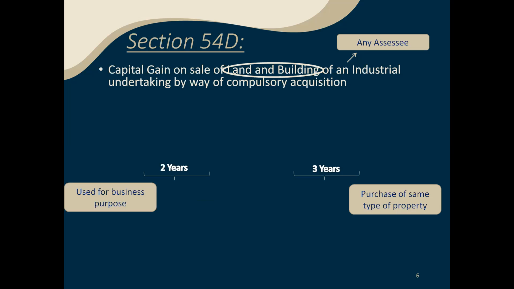Otherwise, the same will be subject to capital gain. Even the amount of exemption will be subject to capital gain. The formula shall be the sale consideration, whatever value you have sold the new property for, minus cost of acquisition.